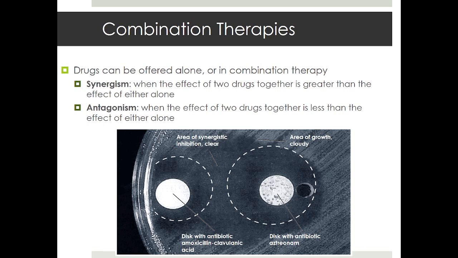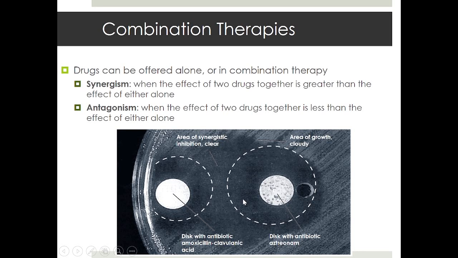There is synergistic effects from time to time, where the effect of two drugs together is greater than the effect of either one alone. You can see that in this example here, where we've got two different kinds of antibiotics that have been applied with the disc diffusion method that we touched on previously. And you can see that on their own, they do both inhibit bacterial growth.